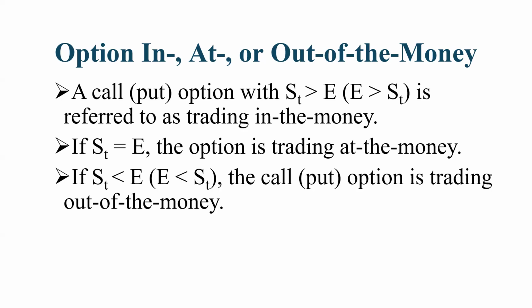If the option is at the money, it's pretty much break even. No profit or no loss to the holder. And when the option is out of the money, the holder of the option will lose if they go ahead and exercise the option. So it's not advantageous to the holder of the option.